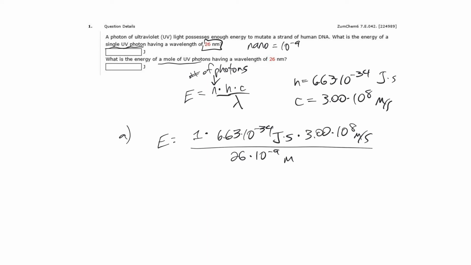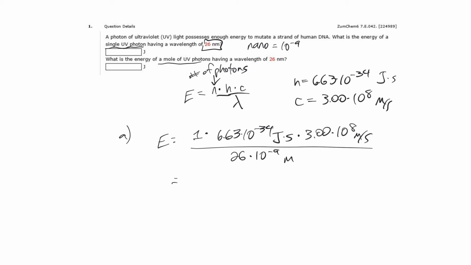We have to make that wavelength in meters for the equation to work. Now 26 times 10 to the negative 9th is not in proper scientific notation because the first number isn't between 1 and 10, but that's okay. We're going to just use that mathematical quantity to solve, and so it doesn't have to be in proper format.